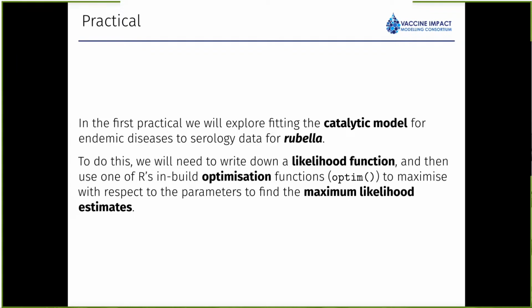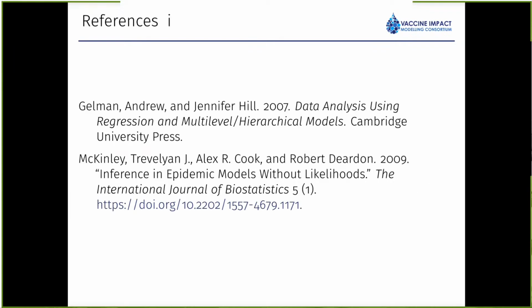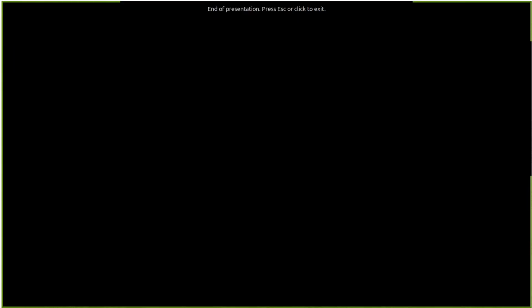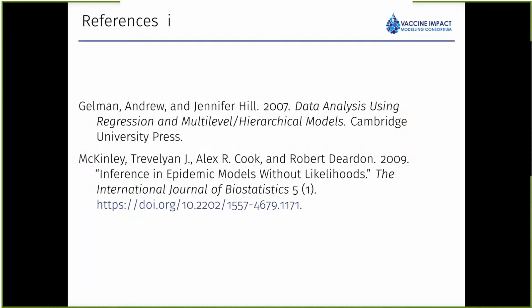That's not the same model as we've got here, but we can write down a likelihood function, and there's some details in the practical. And then we're going to use a function called optim in R to maximize that likelihood to generate these estimates. This is a numerical optimizer tool, and there are a few references as well. Does anyone have any questions on that component for a minute?